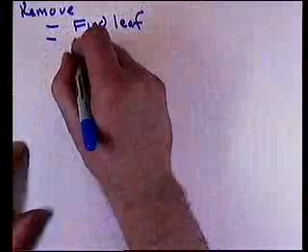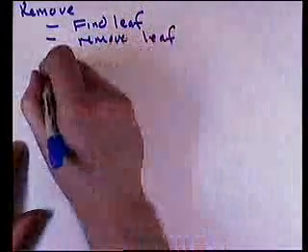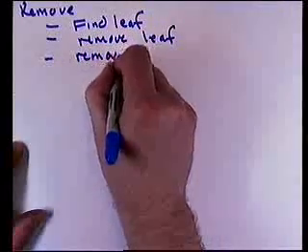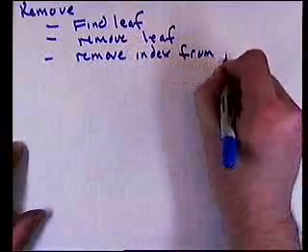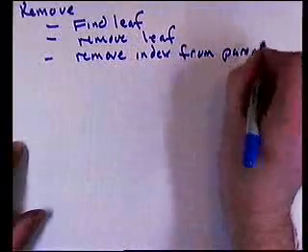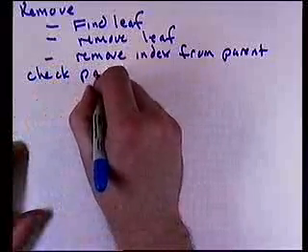There's nothing to remove. You remove the leaf, remove an index from the parent, and now, as before, you check the parent.